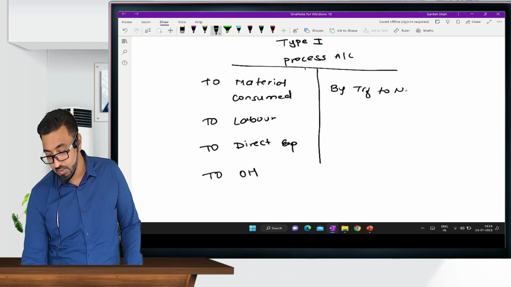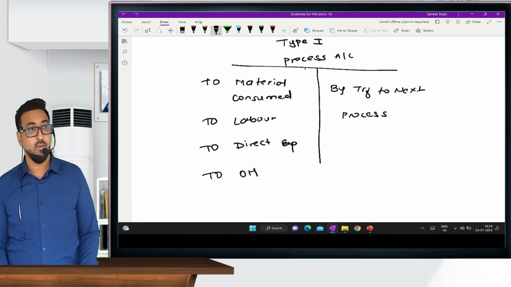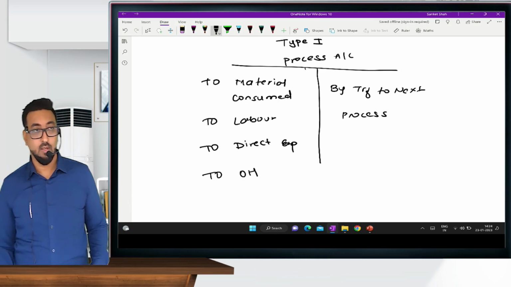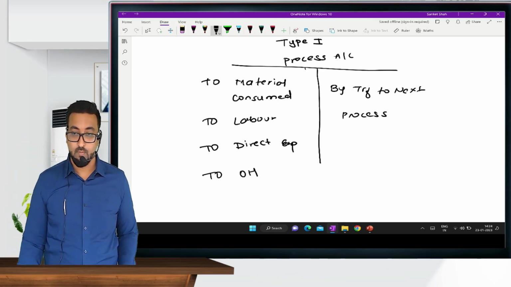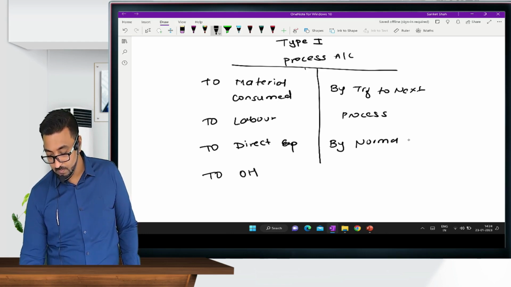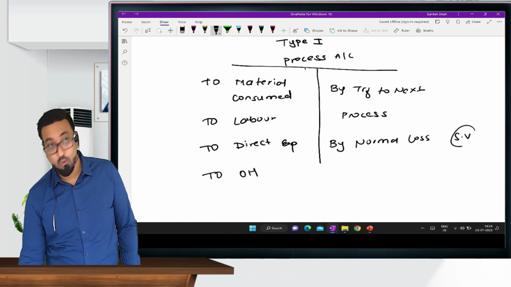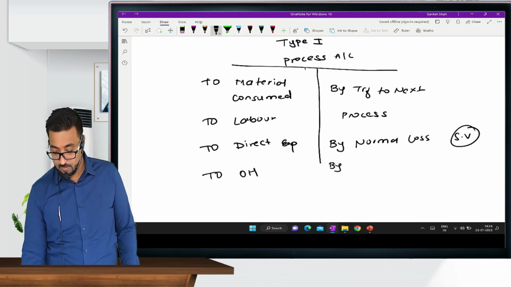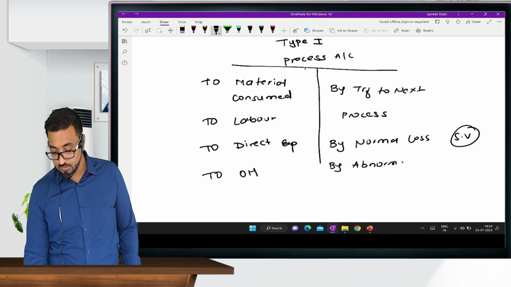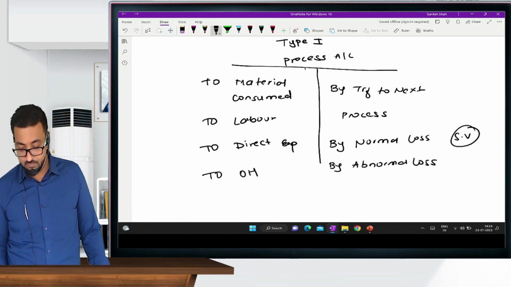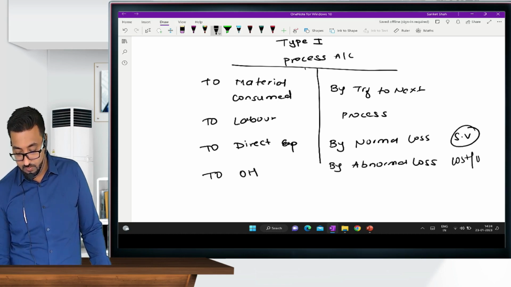By transfer to next process. By normal loss at scrap value. By abnormal loss at cost per unit.